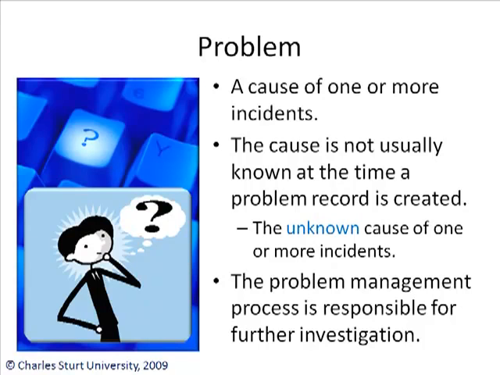So the definition almost becomes the unknown cause of one or more incidents. Something is happening, we don't know what's causing it as yet, let's investigate. That's why the problem management process is responsible for further, deeper investigation. So a problem is the cause of one or more incidents.